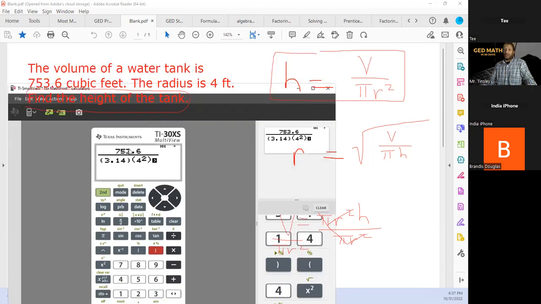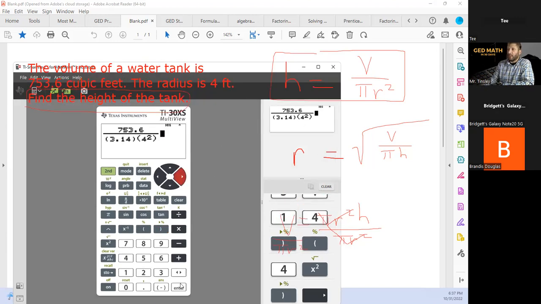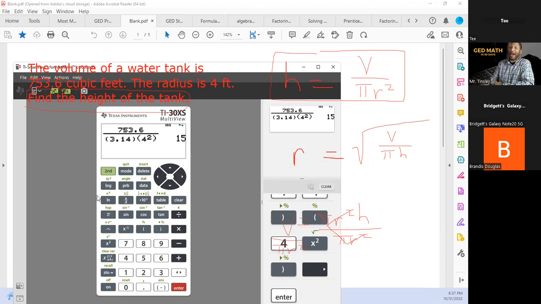Why did I enclose the 3.14 and the 4 squared in parentheses? Because I'm multiplying. So I hit enter, and it tells me my height is 15. So H is 15 feet.